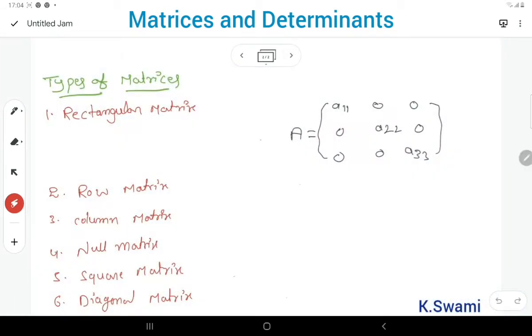Types of matrices. So rectangular matrix. What is the rectangular matrix?